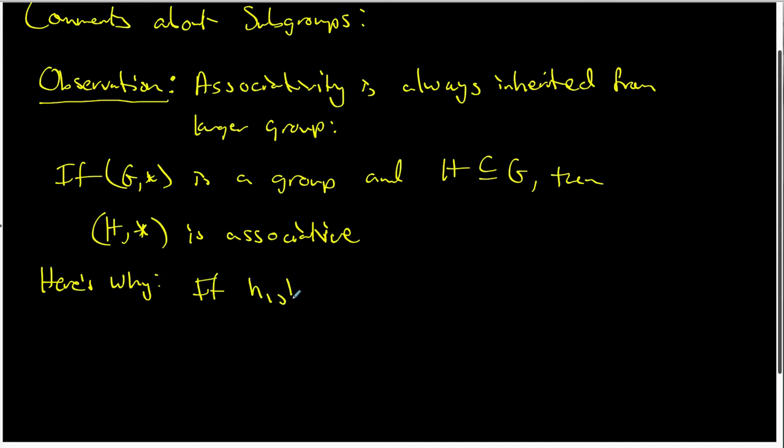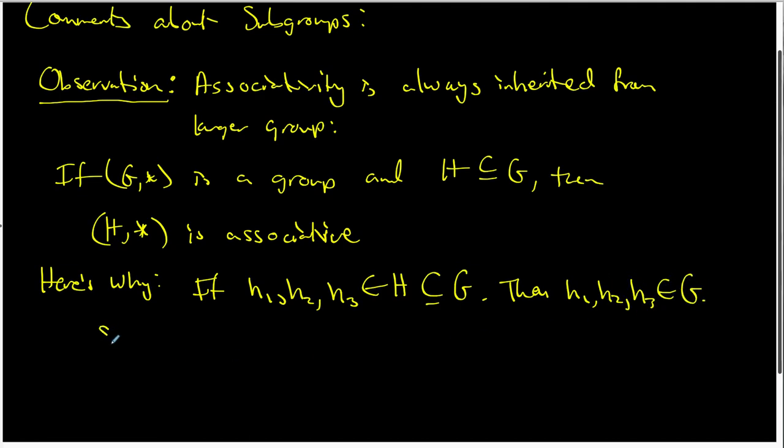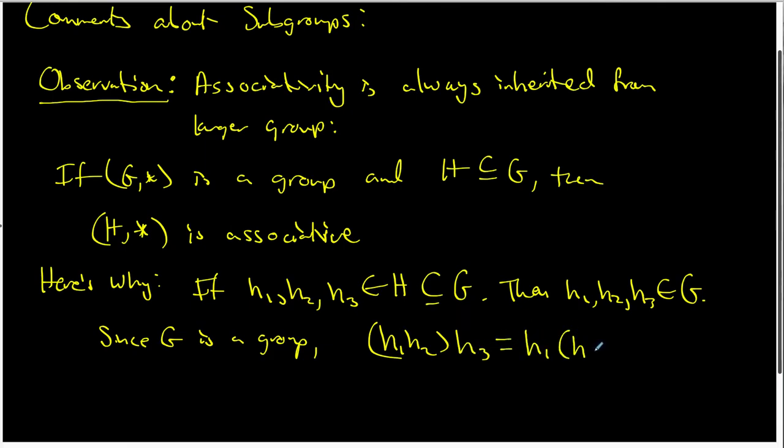If I take h1, h2, and h3 from set H, well, H is a subset of G. So that means h1, h2, and h3 are inside the group G. And since G is a group, that means that (h1 times h2) times h3 is the same thing as h1 times (h2 times h3).